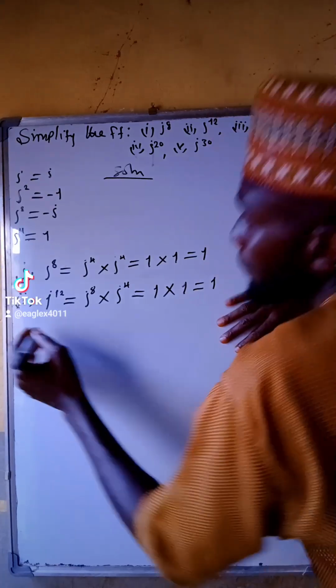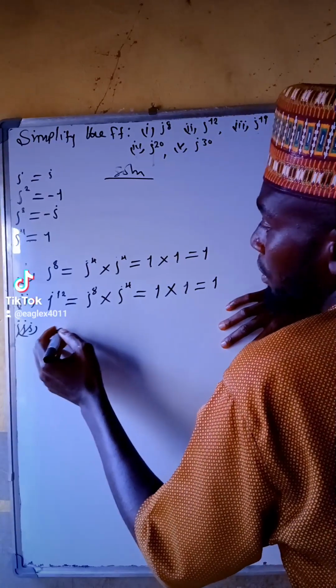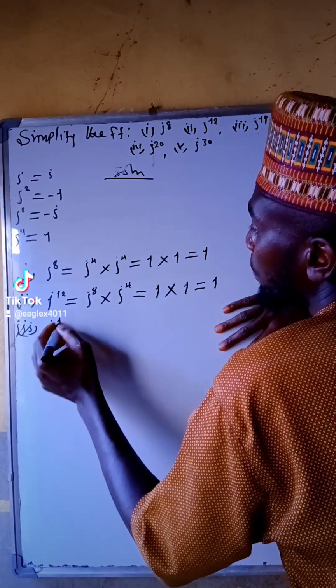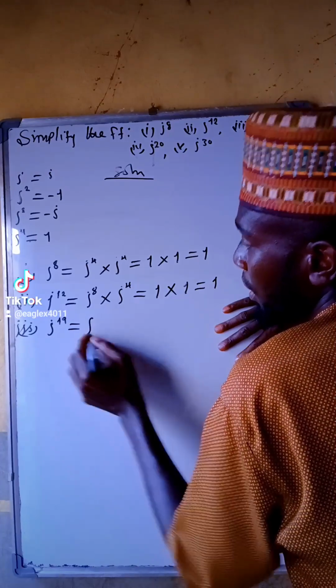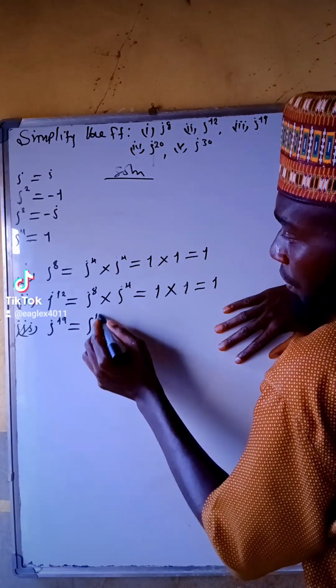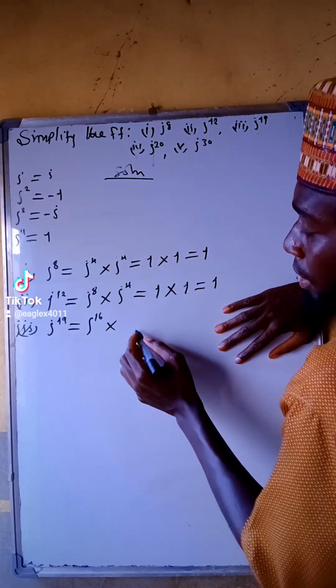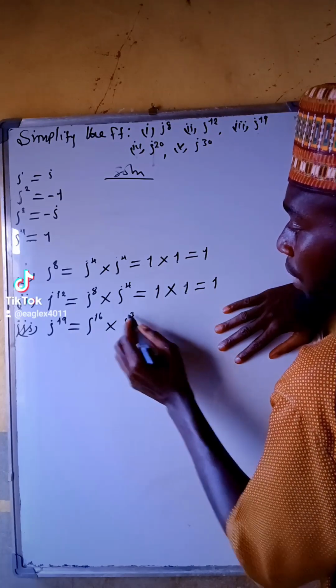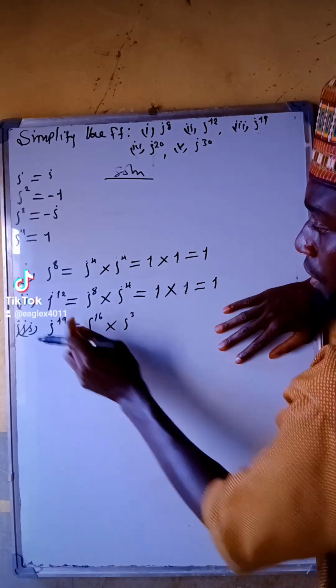And for question 3, this is i raised to the power of 19. This is the same thing as i raised to the power of 16 multiplied by i raised to the power of 3, because if you add 3 and 16, it gives us 19.